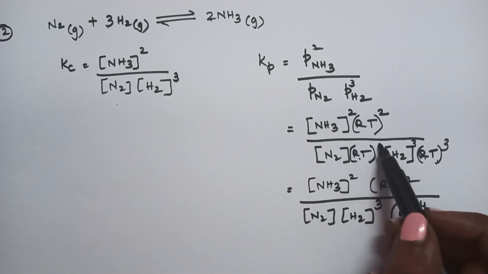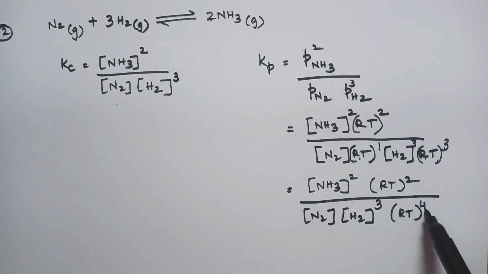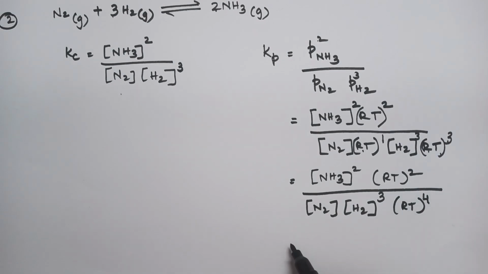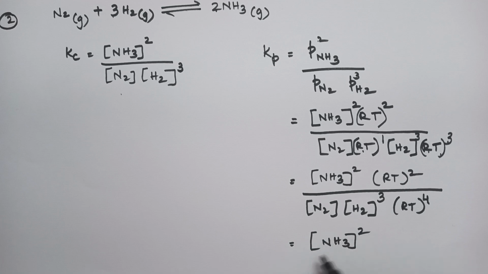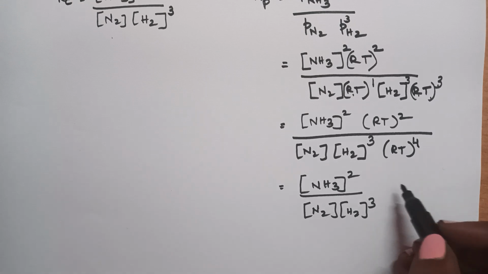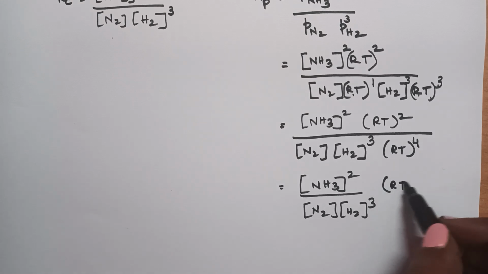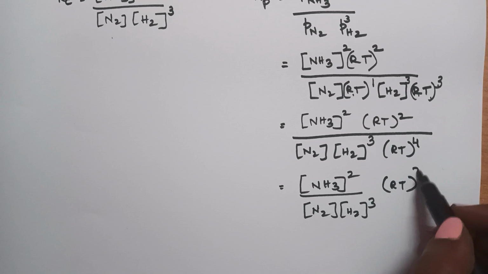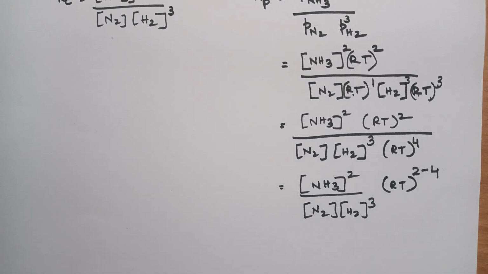So here power is 1, 1 plus 3 will become 4. So now this is equal to NH3 square divided by N2 H2 cube, and here it becomes RT to the power of 2 minus 4. So 2 minus 4 becomes minus 2.